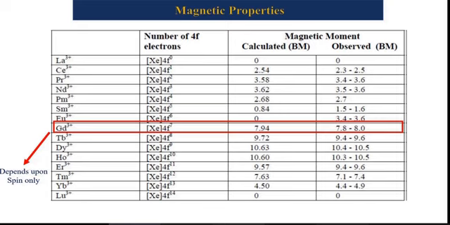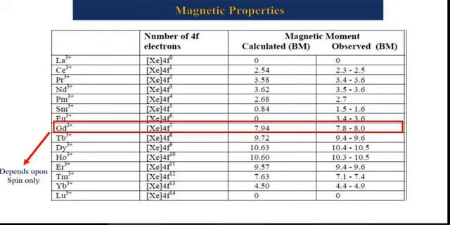Now, any other significant difference you are able to notice, let me know. One more is samarium +3. Now see, only two significant differences are observed between the calculated and observed magnetic moment values, and those are samarium +3 and europium +3. The calculated value corresponds to a magnetic moment of 0.84 in the case of samarium. In the case of europium, the magnetic moment is 0.